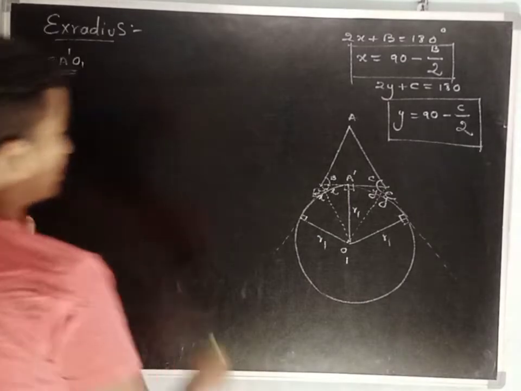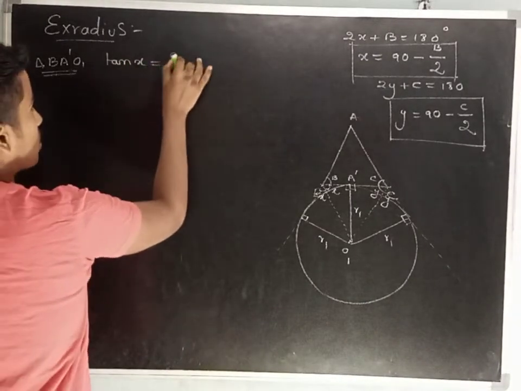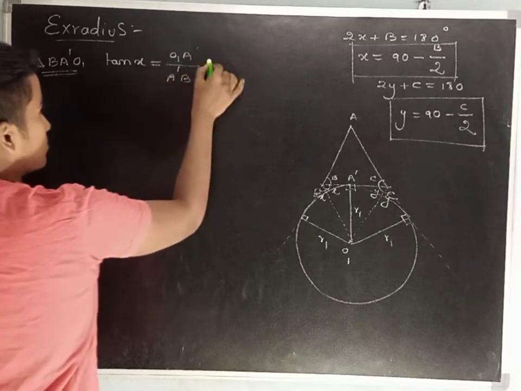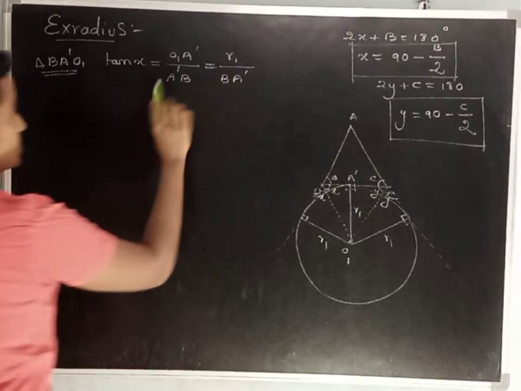Tan x is equal to O1 A dash by A dash B, which is nothing but R1 by B A dash.